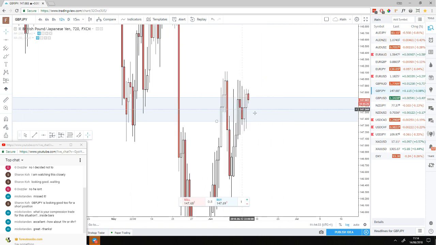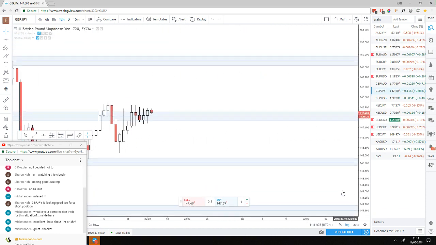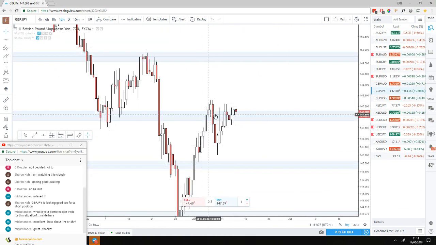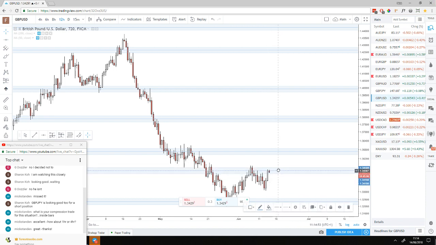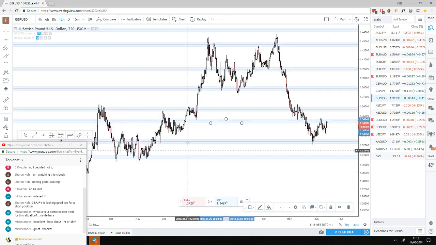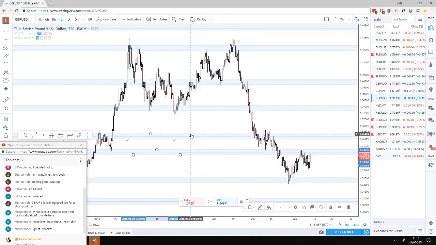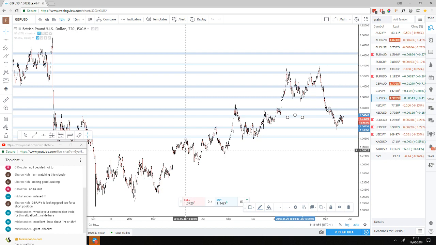But anyway, GBPJPY, yeah, nothing that I'd want to trade here, not on the large time frames anyway. All right, GBPUSD. GBPUSD has reapproached this resistance area and it's stalling out at this resistance area now. I'm going to pull this resistance area up a tad. It's a decent resistance area, I guess.